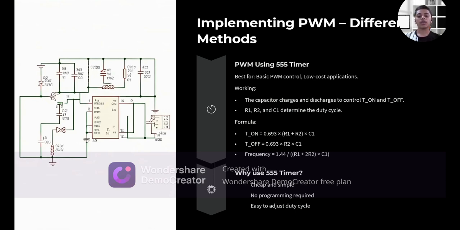The formula is T on equals 0.693 times (R1 plus R2) times C1, and T off equals 0.693 times R2 times C1, and frequency is given by 1.44 divided by (R1 plus 2R2) times C1. Why do we use the 555 timer? It is cheap and simple, no programming is required, and it is easy to adjust the duty cycle.